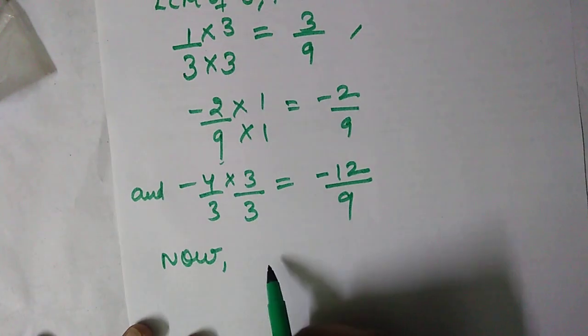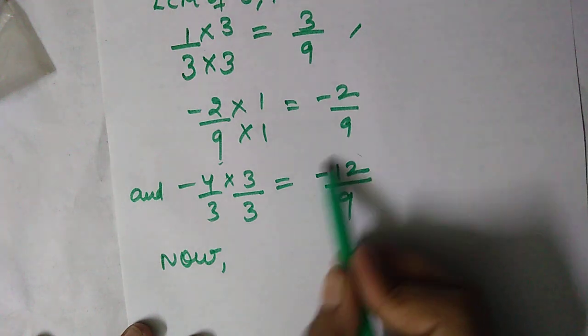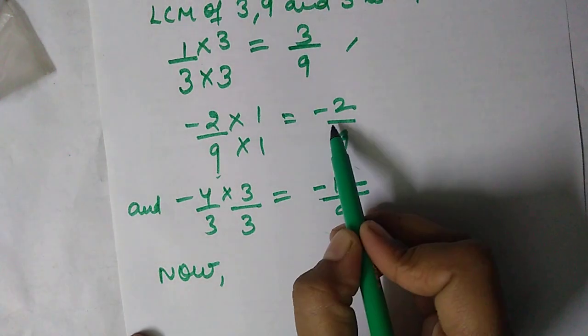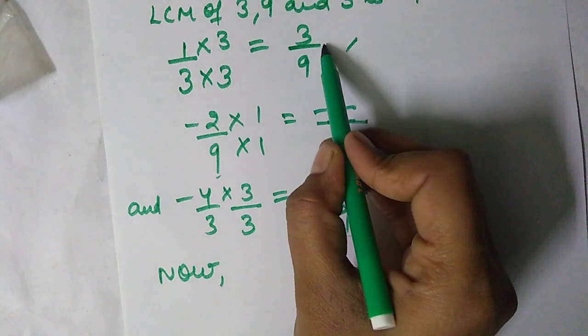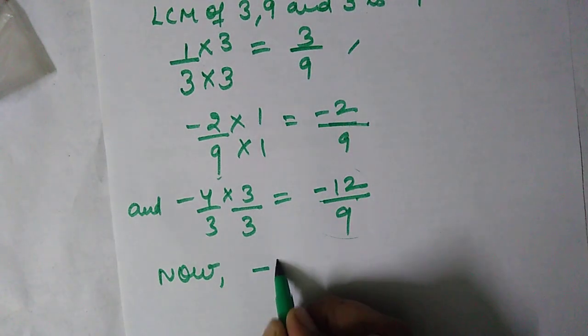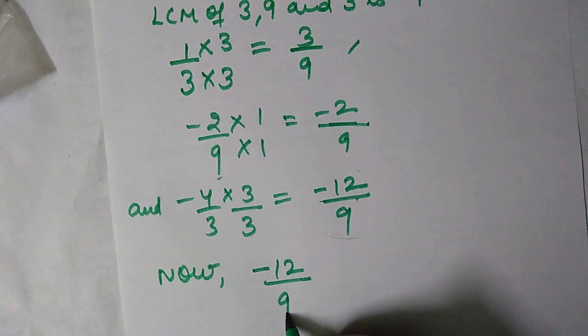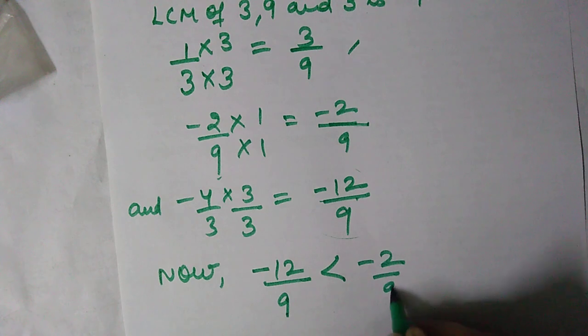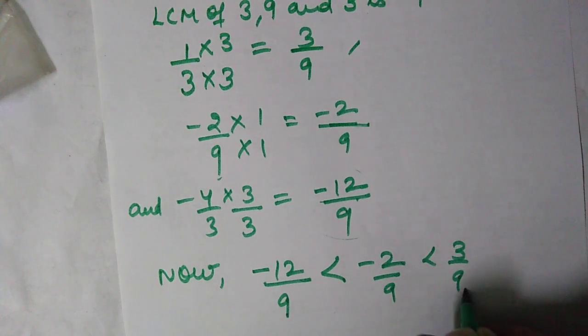So which one is smaller among these? Now we have to compare the numerators. Here it is minus 12, then minus 2, and then 3. Among these, minus 12 is the smallest, so minus 12 over 9 is smaller than minus 2 by 9, and this is smaller than 3 by 9.